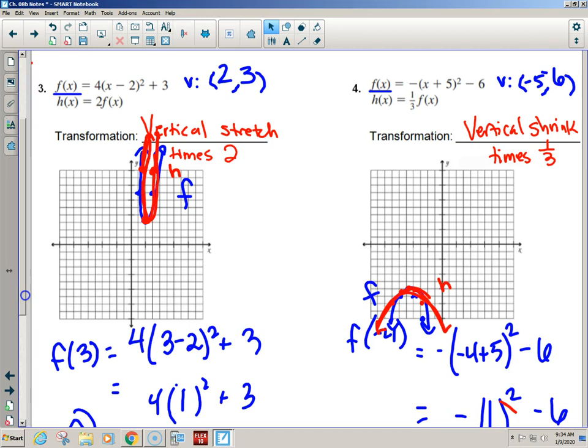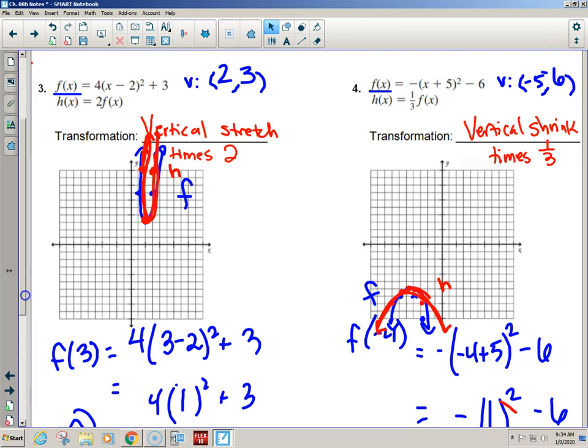Max. How do you get a vertical shrink times 1/3 again? Whenever we're not adding or subtracting, but we're multiplying here, it's always going to be either a stretch or a shrink. And since it's outside, it's not backwards what we think. It's just what we see.